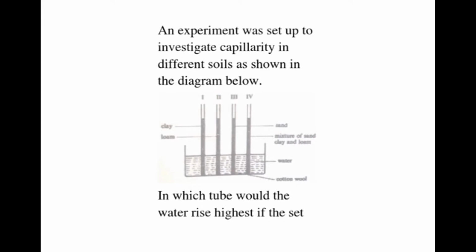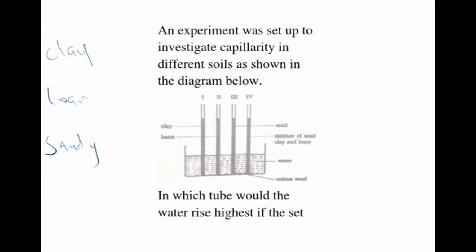Therefore, looking at the experiment which is trying to test capillarity, that is the ability of the soil to allow water to rise in it, different types of soils, that is clay, loam, and sandy, have different abilities or rates to allow that water to rise.